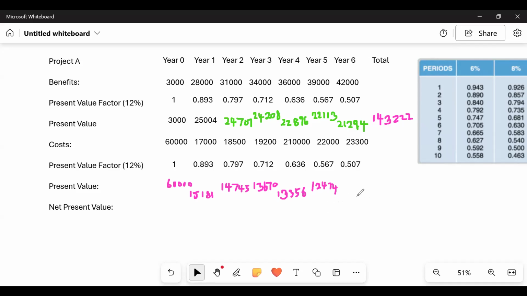Then year 6, after 6 years, 23,300 multiplied by 0.507, you'll get 11,813.